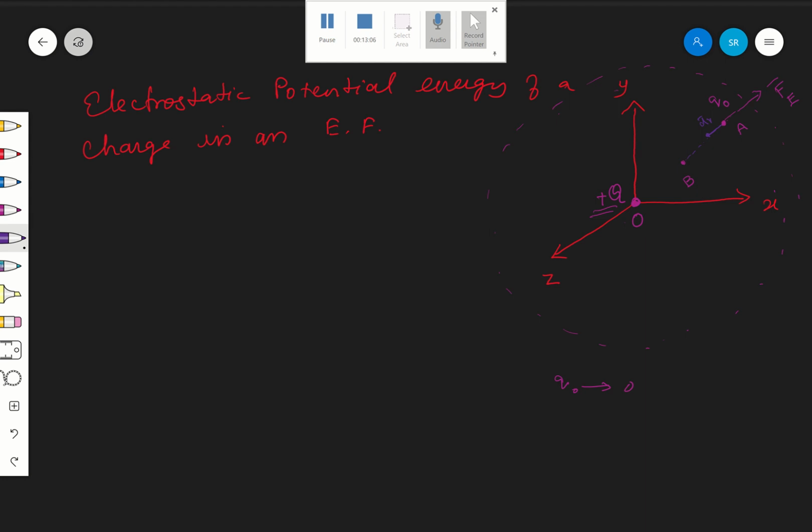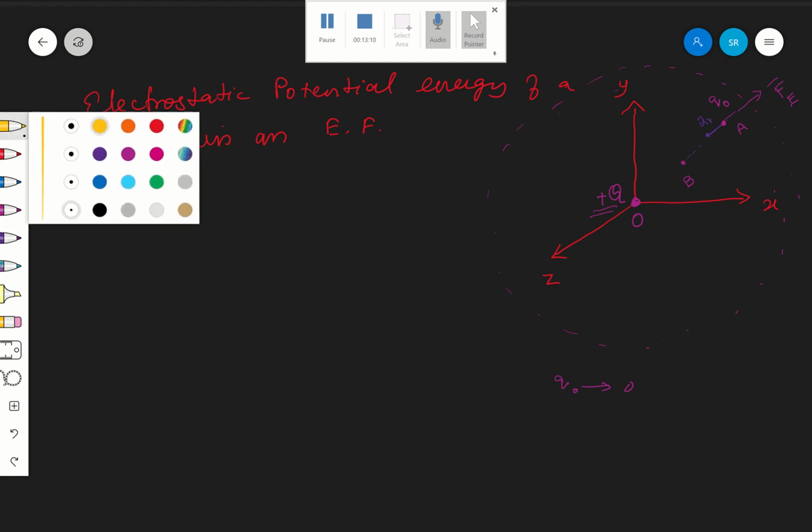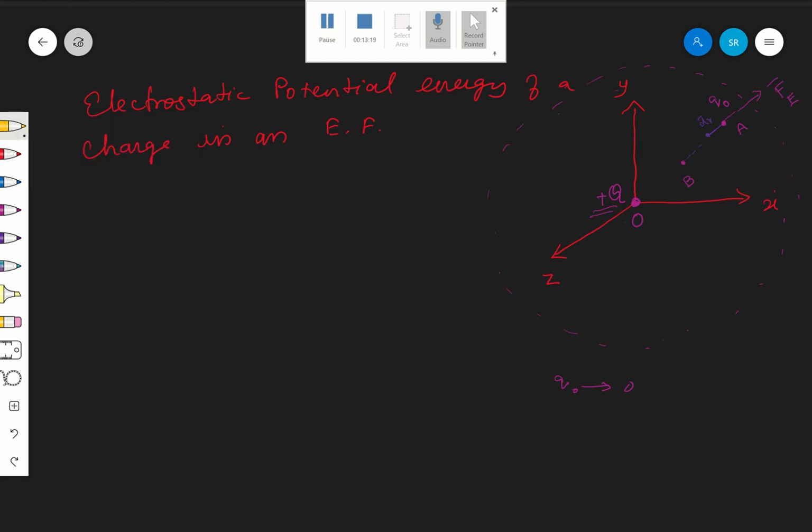If I want to move the charge through distance dr, towards plus q, some external force has to be applied, because if you keep it just like that, it will move only in the direction of Fe.